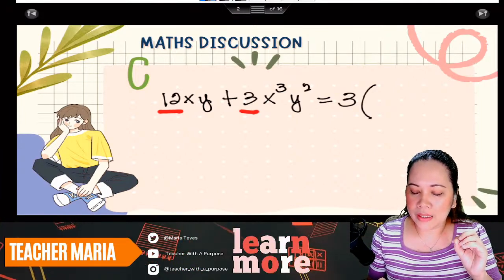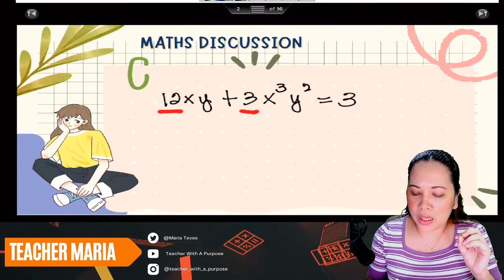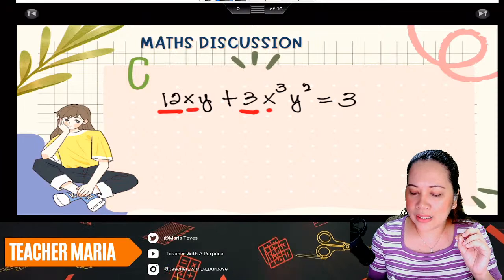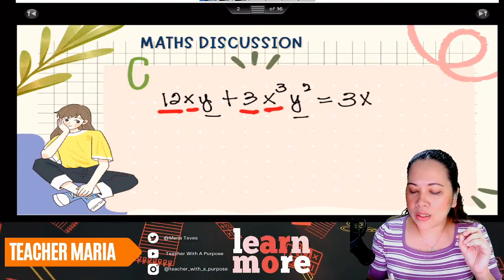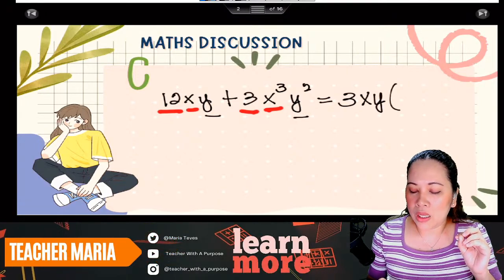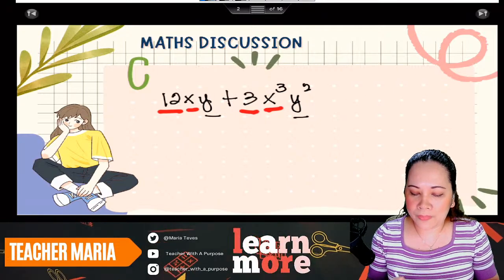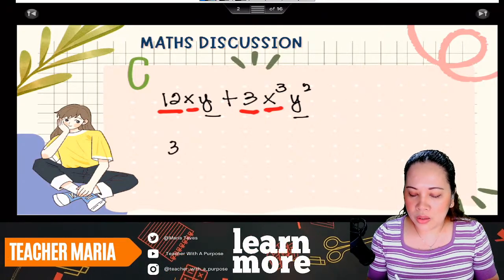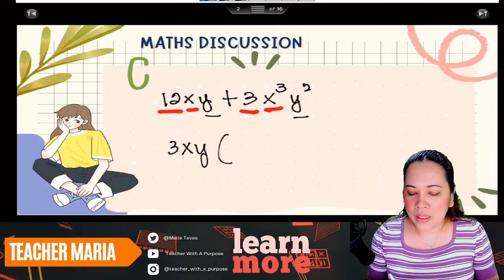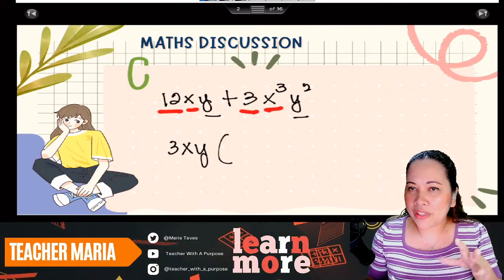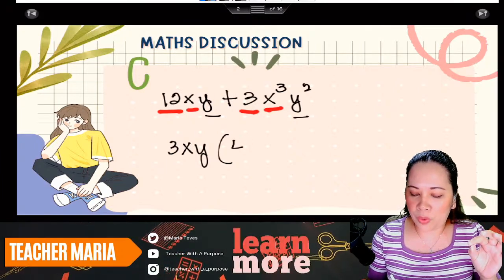So what do you need to do? The first step is, with your numbers 12 and 3, what is the greatest common factor, the GCF, between 12 and 3? Between 12 and 3, 3 is the greatest common factor. And then you look into your x and x cubed, so you have an x. And then y and y squared, you have a y. Since you have taken out 3, 12 divided by 3, you will have 4.